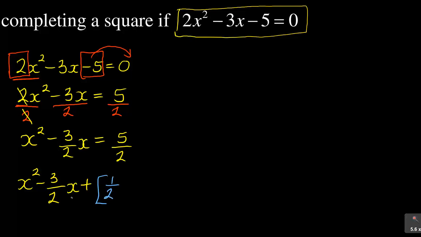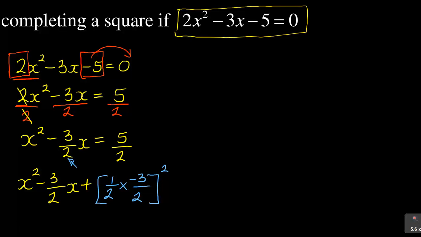So you have got an x here, and the coefficient of x is that number with the sign. So half times the coefficient of x, which is negative 3 over 2, and then after that you square that. So it's half times the coefficient of x, and then after that everything you square.